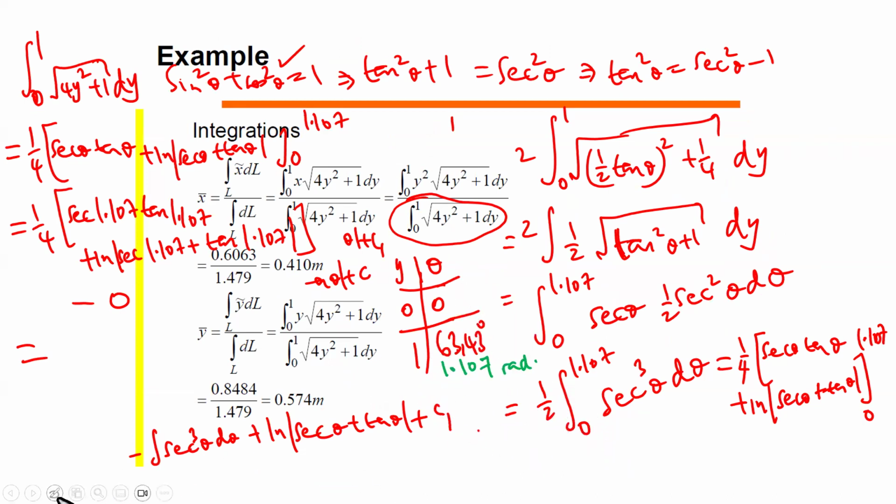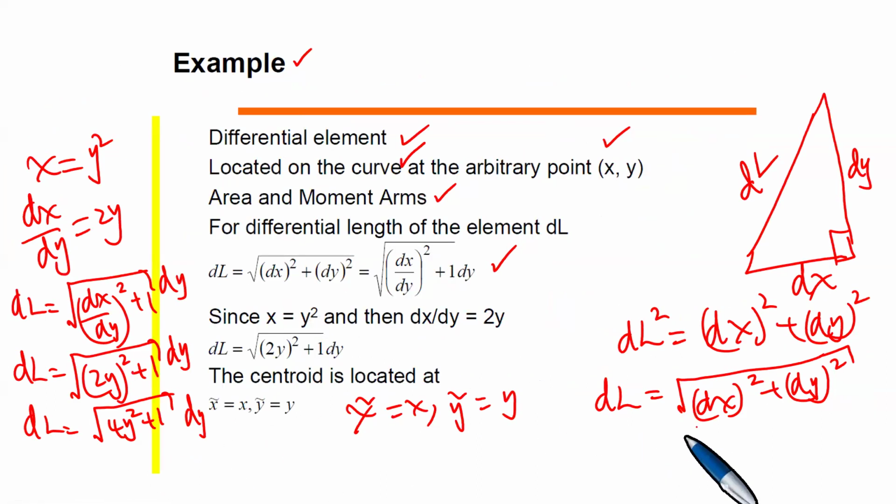I wanted to also elaborate on the fact that there are more examples that we're going to do on this, but there are tons of them. If you look at the integral of the y tilde dl over L, it's going to be exactly that. Why? Because y tilde is y, and the dl is the square root of 4y squared plus 1 dy by using Pythagoras theorem for the wire.